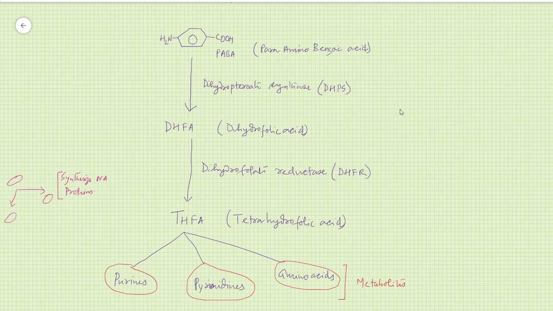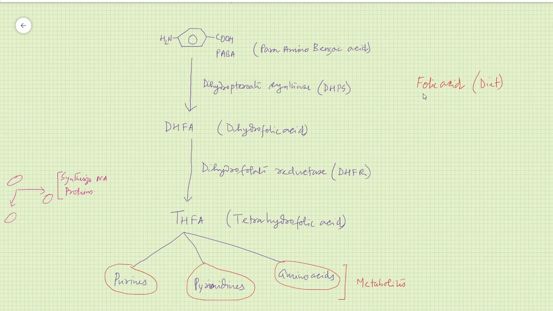So in humans, by evolution, we have the ability to take preformed folic acid. Where do we get this folic acid? We get it from our diet. We have specific transporters to transport folic acid.